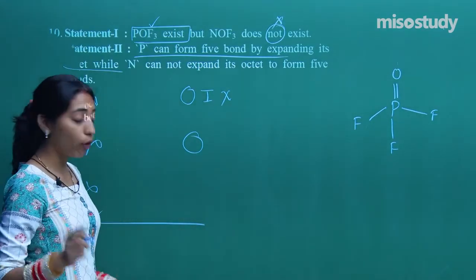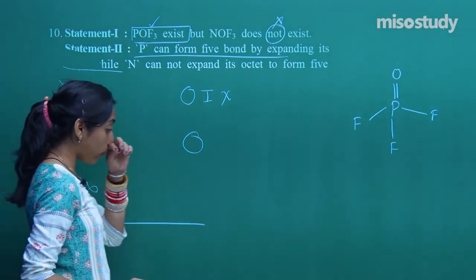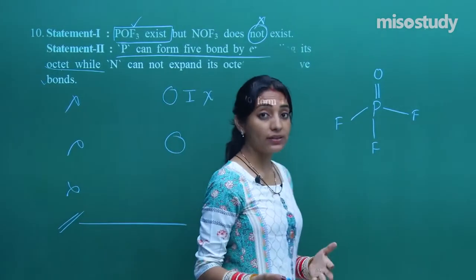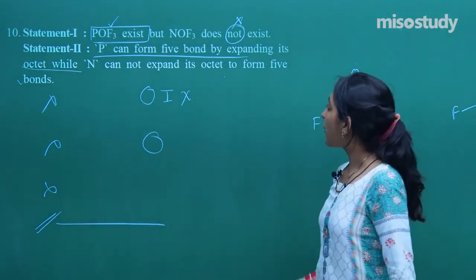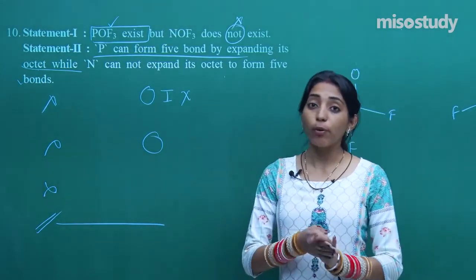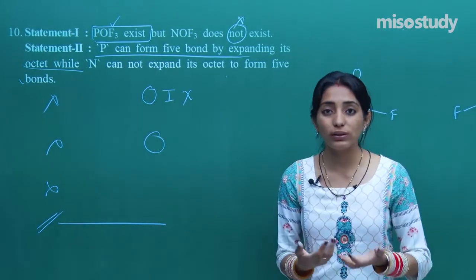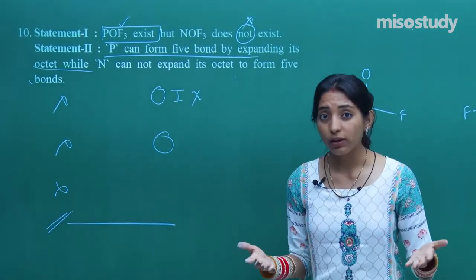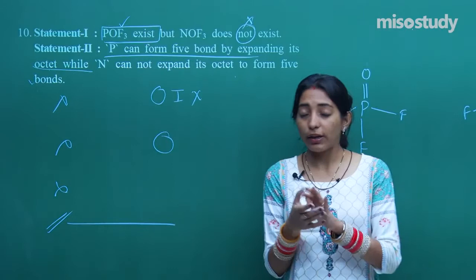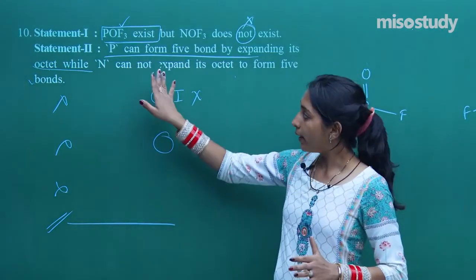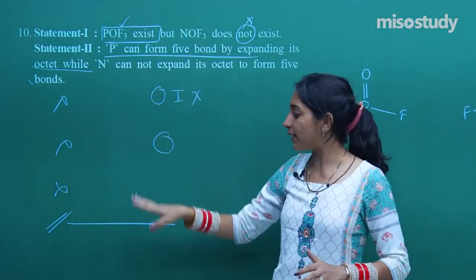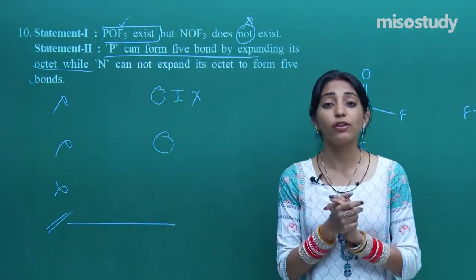We have already done this kind of question: phosphorus can expand the octet because of the presence of vacant d orbitals. But nitrogen cannot expand its octet and cannot form 5 bonds because nitrogen is just 2s2 2p3 and 2d is not available. So no d orbitals means no expansion of octet. So this is true, this is false, and thus option D is the correct option for this particular question.